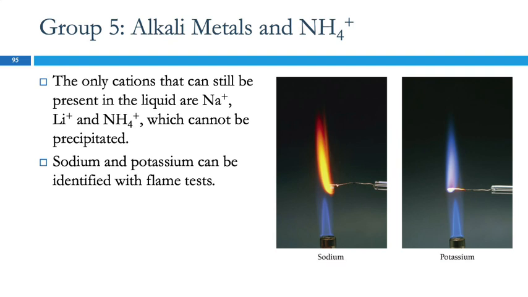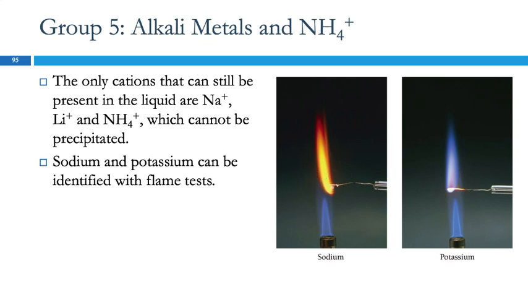So how can you figure out what those last ions are? Well, one thing we can do is use a flame test. Sodium gives off a very distinctive, very bright, orangish yellow flame.